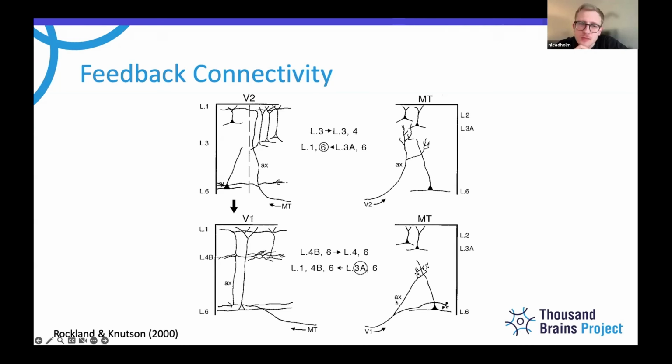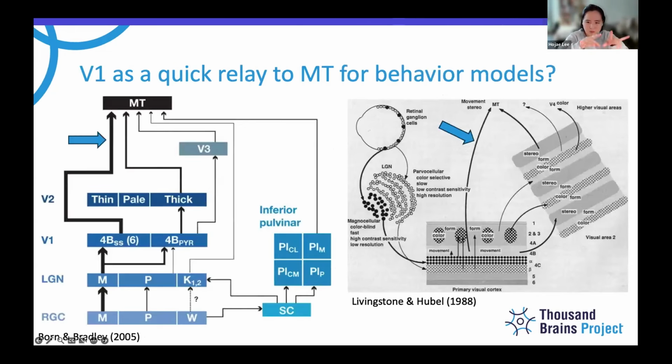Yeah. That's really interesting. So, could you go back a few slides where you had the flow chart of V1 going to MT or this one. I guess I just don't know the anatomy very well about how close MT is to V1.